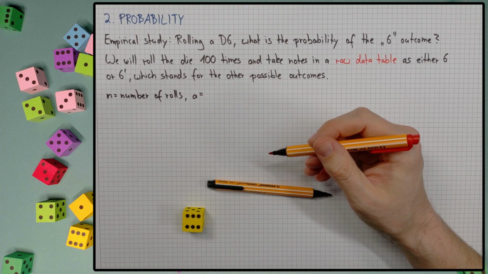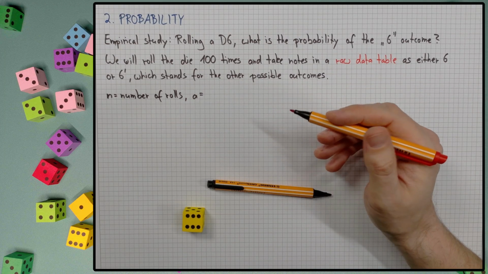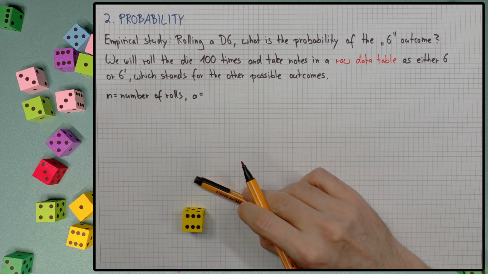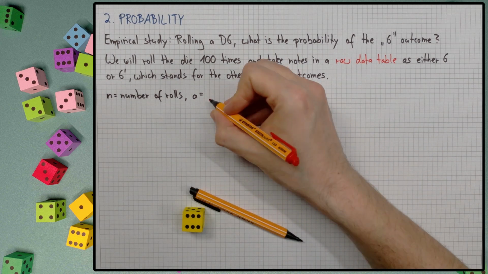In the column headed A, we are going to note just how many 6s we have rolled so far. This is called the absolute frequency.